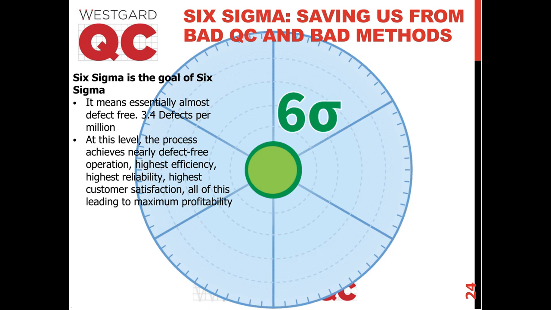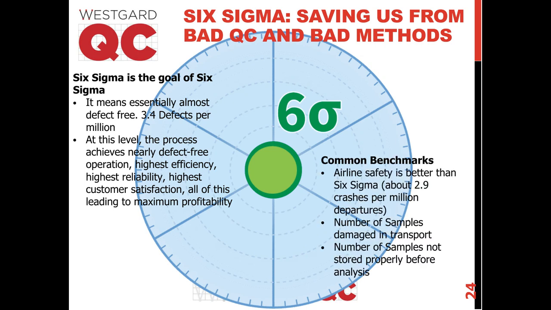And when General Electric, GE, and Motorola started this Six Sigma movement back in the 90s, they found when they could get their processes to Six Sigma, they had the highest efficiency, they had the happiest customers because obviously they have the most reliable result, and they also achieved their maximum profitability.